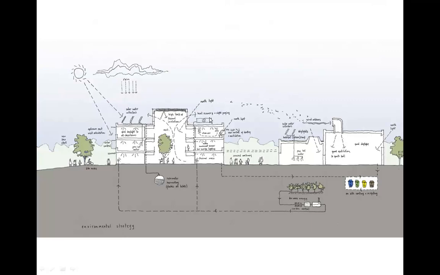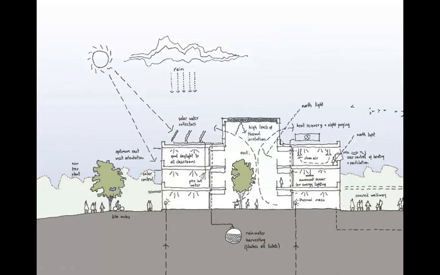It's a bit small to see there, but what we're looking at is heat recovery and nighttime purging. And I'll come back to that in a moment. Okay? That's just a close-up. And I'd recommend it for your design projects. This kind of environmental strategy drawing is very helpful for capturing the principles of your design.